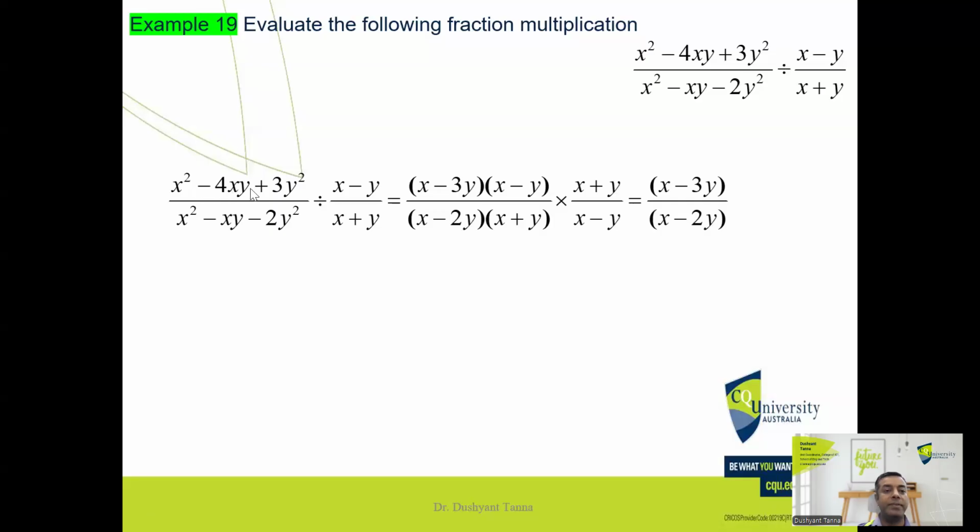Okay, so the first step is factorizing: x minus 3y and x minus y, x minus 2y and x plus y. The division changes to multiplication and these two swap. You can cancel, and what is left is x minus 3y over x minus 2y.